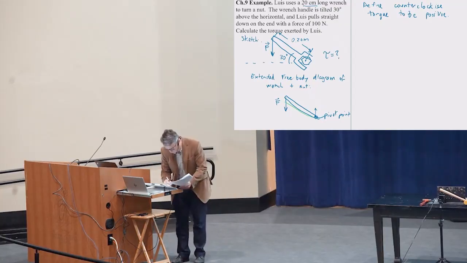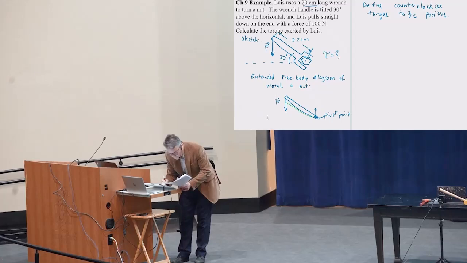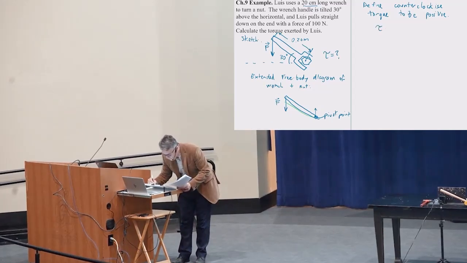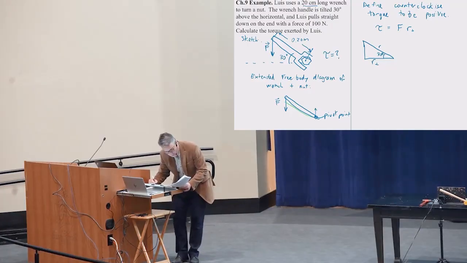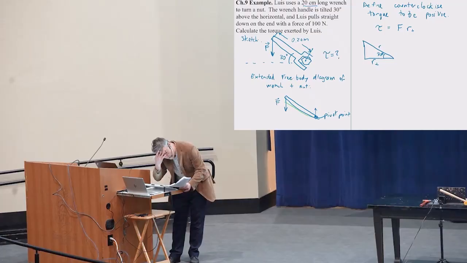So this is a positive torque. I would say that torque is equal to F times R perpendicular. Here's a little triangle. Here's R perpendicular, here's your 30 degrees, and here's R. So this is, strangely enough, cosine, I guess.